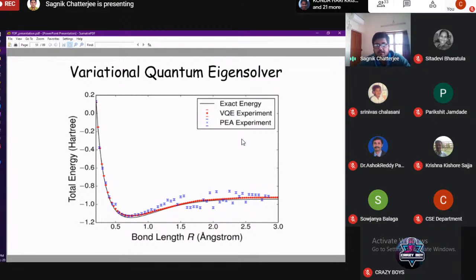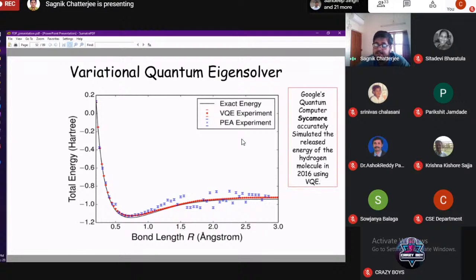In this figure, you can see that the blue markers, which try to approximate the curve, are done classically by the Hartree-Fock simulation approximation. The red markers were done on the Google Sycamore quantum computing chip, which is, as you can see, very surprisingly close to the actual exact energy.